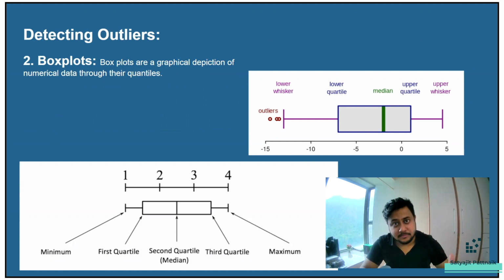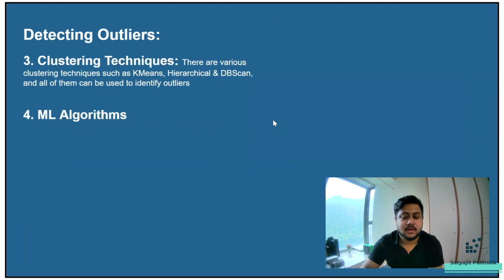Minimum as in minimum, max as in maximum, median as in the 50th percentile, 25th percentile, and 75th percentile. You can see this graph, and these are the 5 characteristics of a box plot. When you are plotting a column, you will definitely be able to understand the outliers. You can see the outliers here, right?